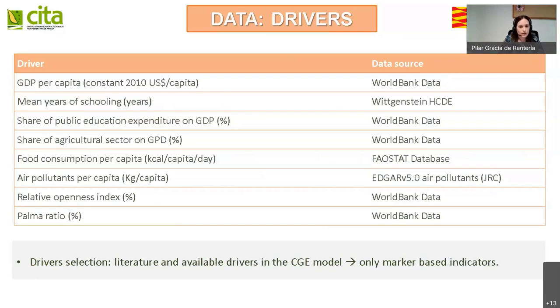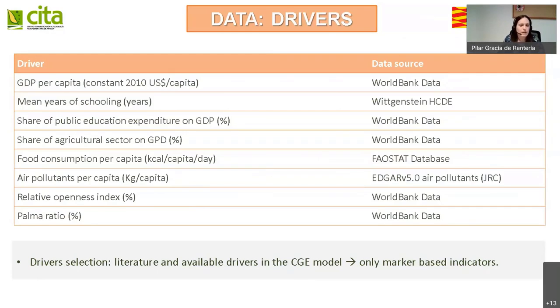And also inequalities are introduced in the model as the Palma ratio, which is constructed as the ratio of the richest 10% of the population's share of gross national income divided by the poorest 40% share.